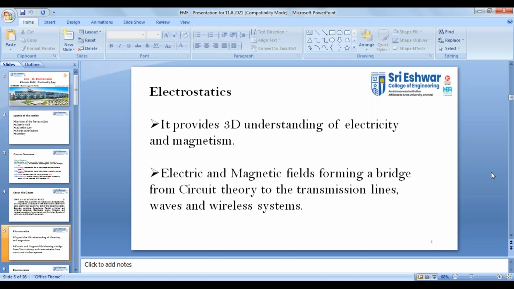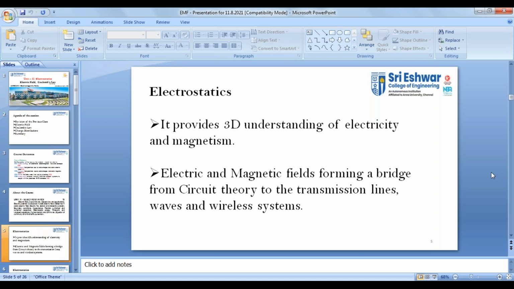For these papers, Maxwell's equations, which we are doing in our fourth module, and the circuit theory basics will form the base. That is why these concepts of electrostatics and magnetostatics form a bridge from circuit theory to TLRF.